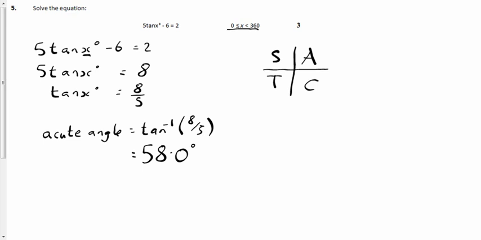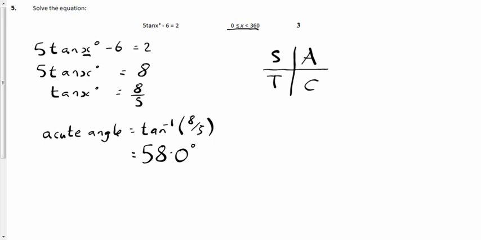But remembering our 4 quadrants, we've got our first quadrant between 0 and 90, where all functions are positive. Between 90 and 180, where just the sine function is positive. The tangent function is positive between 180 and 270, and cosine is positive between 270 and 360.